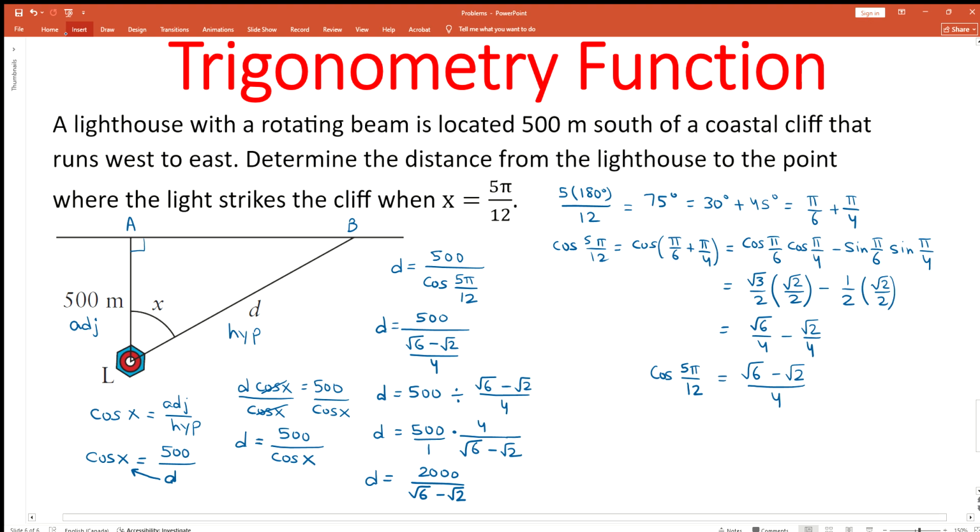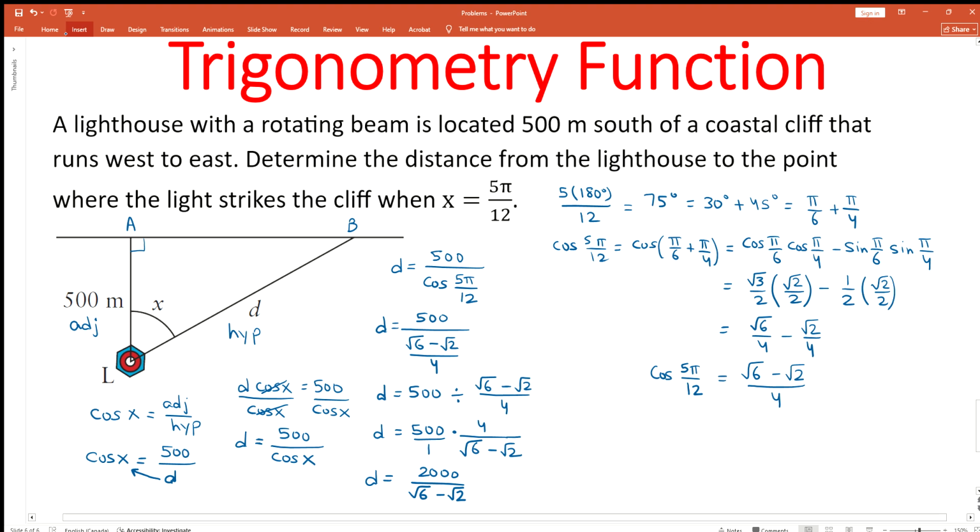Next, we should rationalize this expression because we have square root terms in the denominator. The square root terms are being subtracted, so we should use the conjugate method to rationalize this fraction. We should multiply the numerator and the denominator by the conjugate of the denominator expression. Conjugate is an expression with the same terms but opposite sign between the terms.